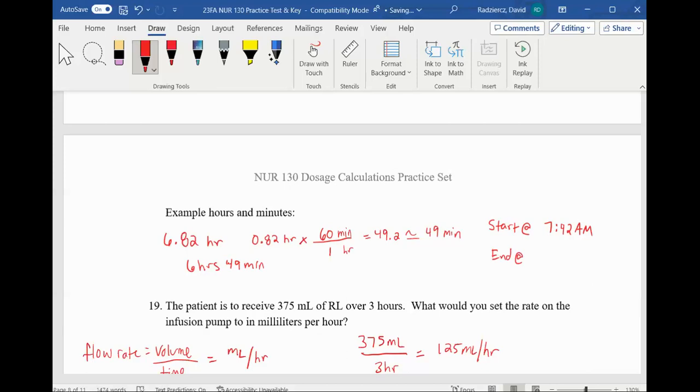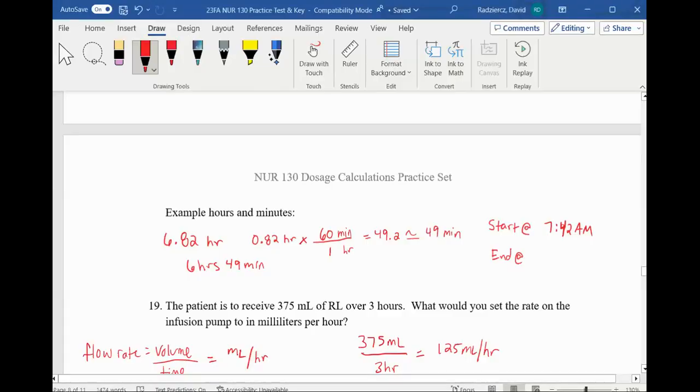So the next thing is, go ahead and do your calculations, and I'm purposely making this a little bit difficult. What would 6 hours and 49 minutes be from 7 hours and 42 minutes? And just so we know, that's a time. So that is a 4, not a 9. There you go. That looks more like a 4. All right. So see what you come up with. I'm going to give you just a few moments to look at that.